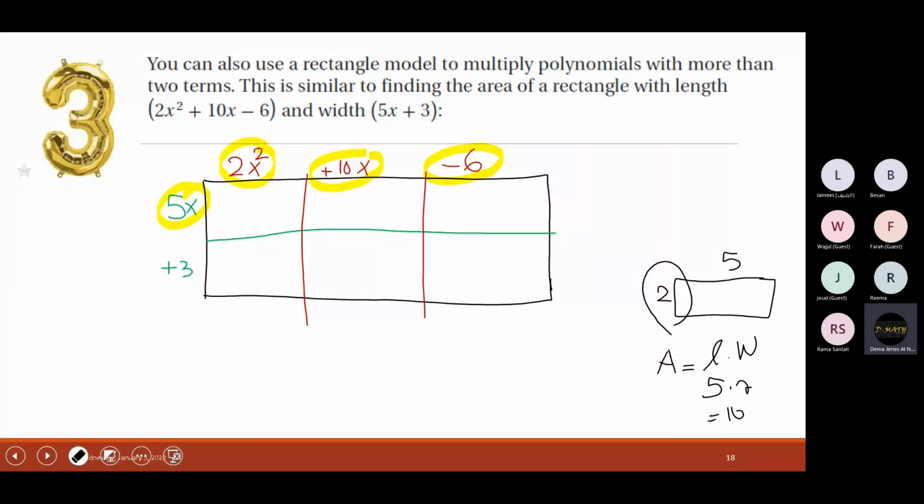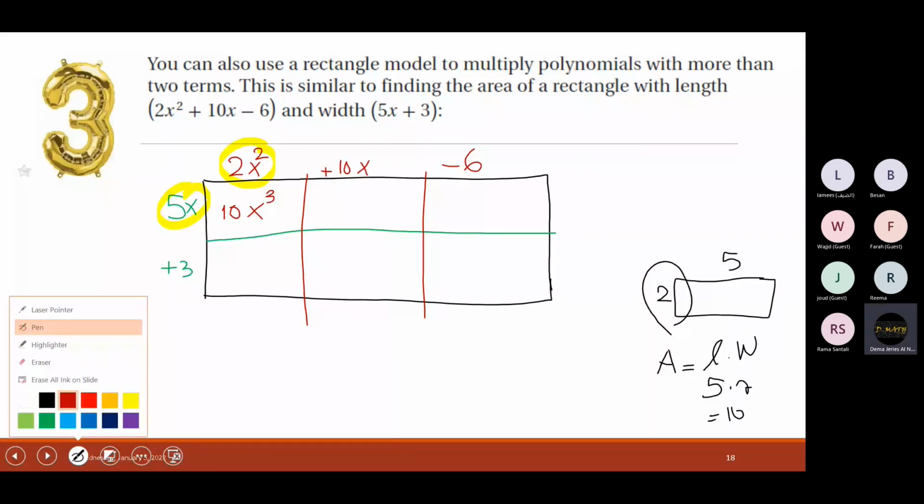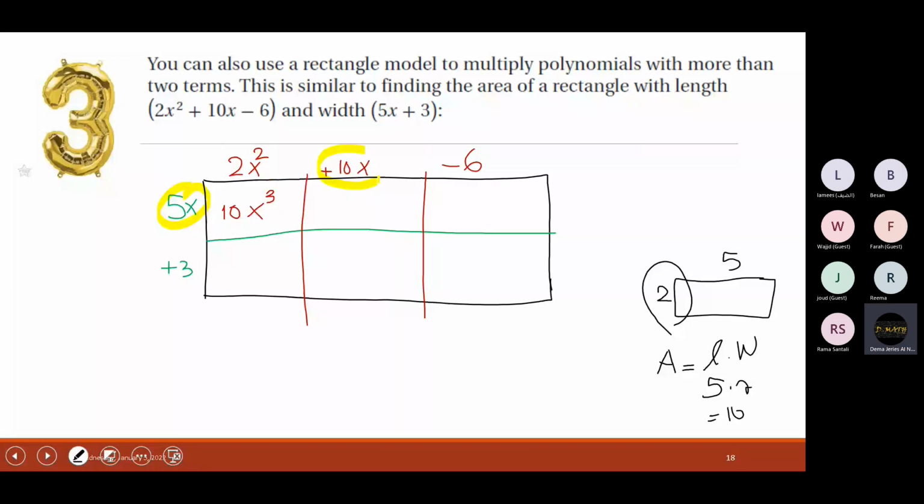The first one, 2x squared by 5x, reminds us how to multiply two monomials: 2 times 5 is 10, and x squared times x is x to the power of 3. Then I multiply 10x with 5x, where 10 times 5 is 50, and x times x is x squared.